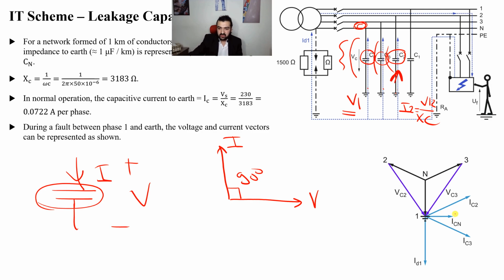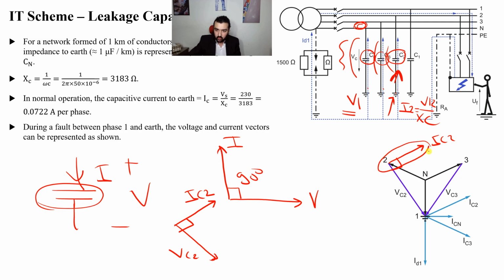So let's take it step by step. The first one here is VC2. This one, VC2. So the current will be leading by 90 degrees like this. IC2, leading by 90 degrees. So if you look here, IC2, which is this one, we took it right here, like this.